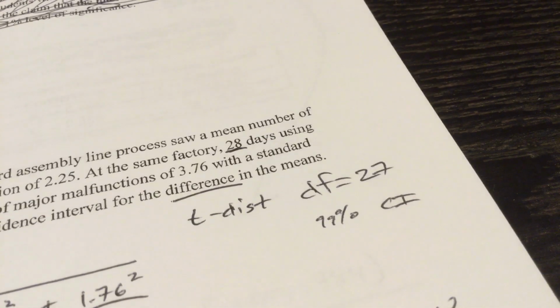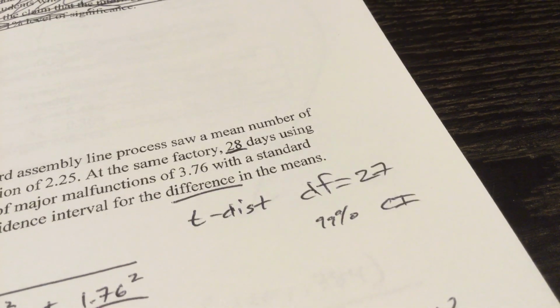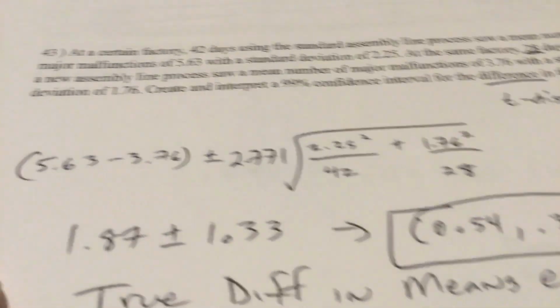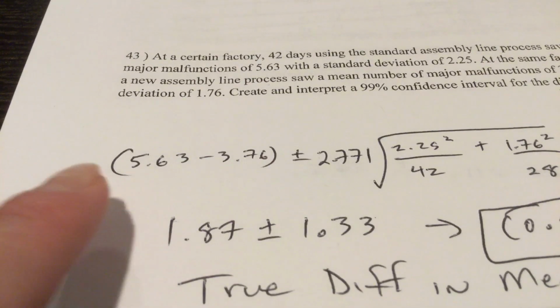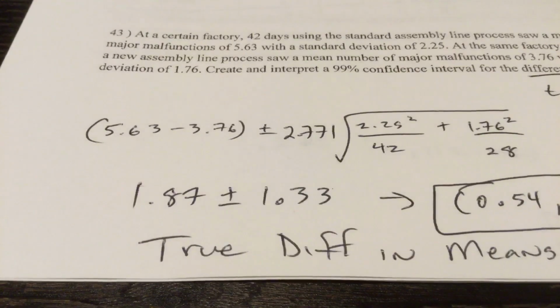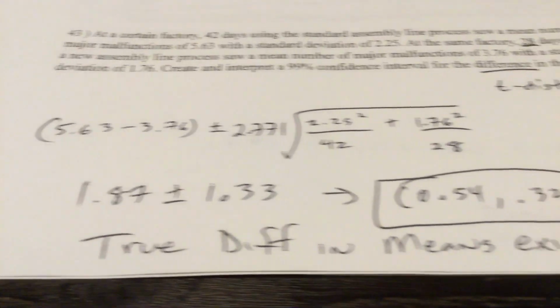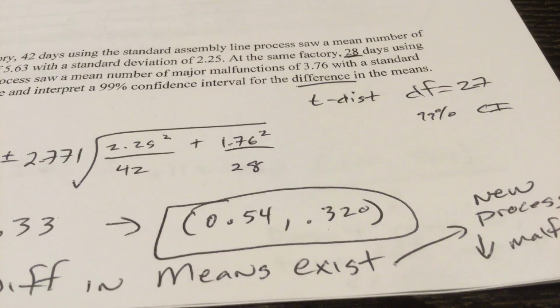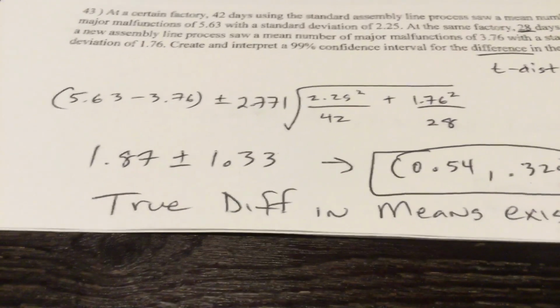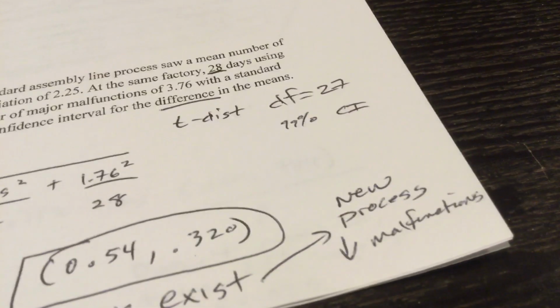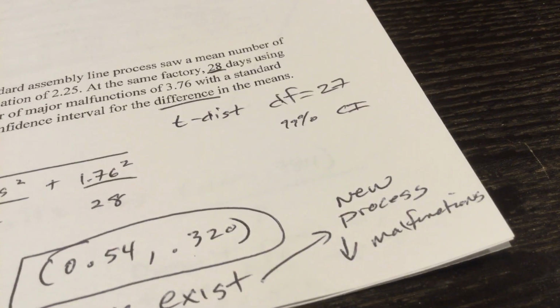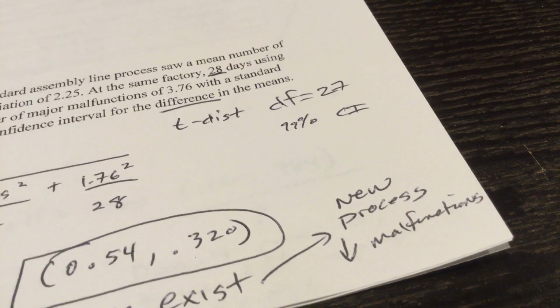That's T distribution, degrees of freedom 27, 99% confidence interval. That is your T star. X bar 1 minus X bar 2. That is your confidence interval. It does not cross 0. So a true difference in the means exists. That means the new process is definitely decreasing malfunctions.